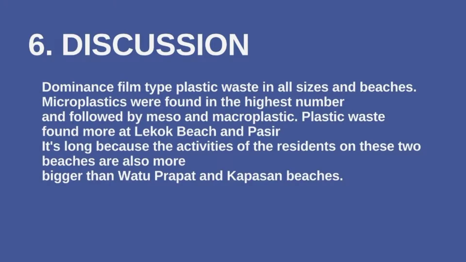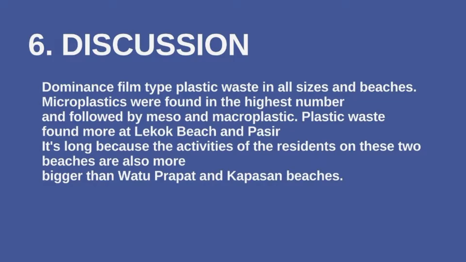And sixth is discussion. Film is the dominant type of plastic waste in all sizes and beaches. Film was found with the highest percentage, largest in microplastic size. It comes from high input of packaging waste as well as plastic wraps originating from human activities and not managed properly. After film, fiber was found with a high percentage.